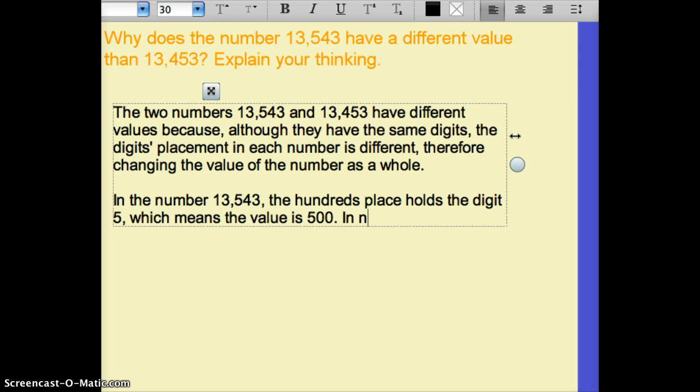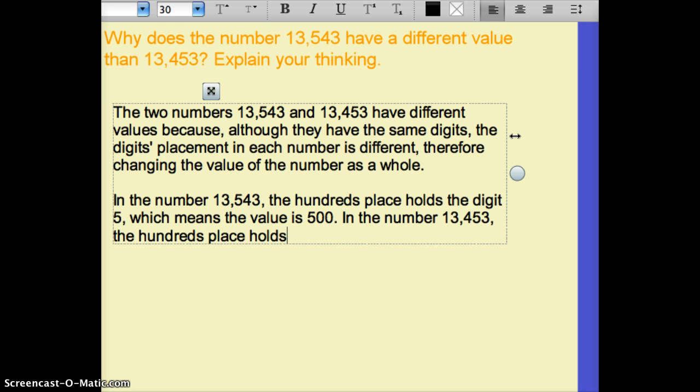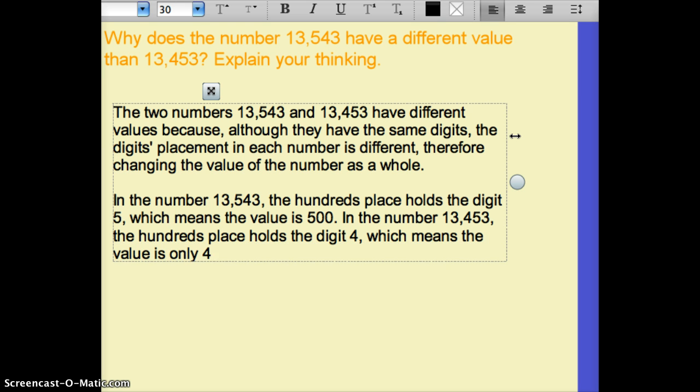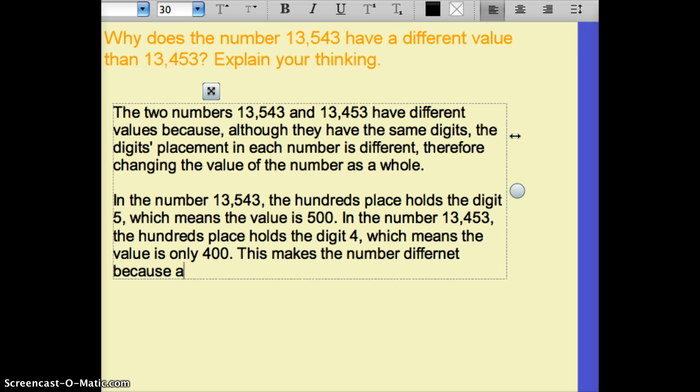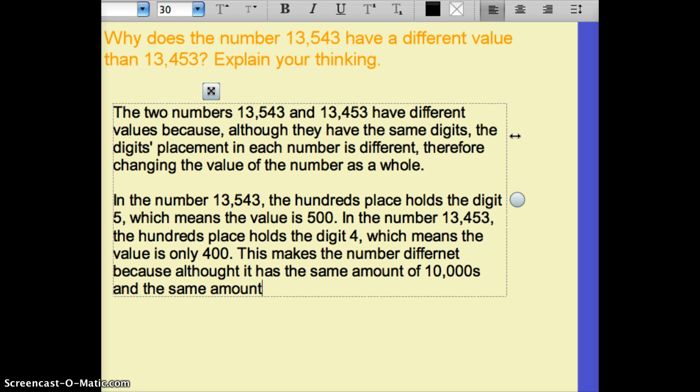In the number 13,453, the hundreds place holds the digit 4, which means the value is only 400. This makes the number different because although it has the same amount of 10,000s and the same amount of thousands, the amount of hundreds is different.